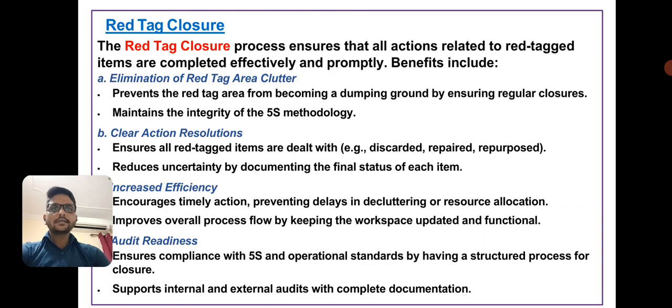Next is red tag closure. Actually, the red tag closure process ensures that all actions related to red tag items are completely, effectively, and permanently closed. For this, elimination of red tag area clutter, clear action resolution, and increased efficiency and audit readiness.